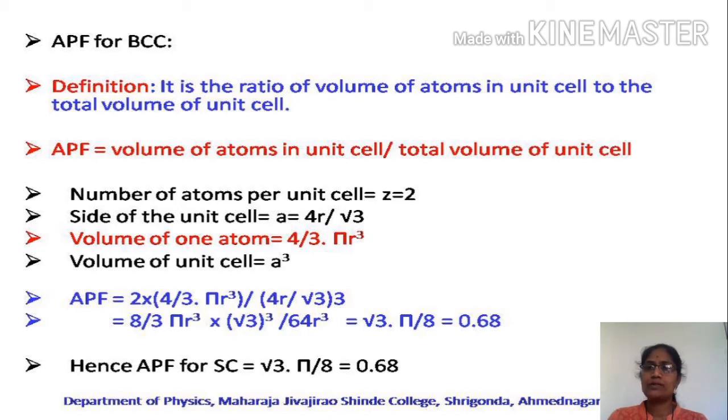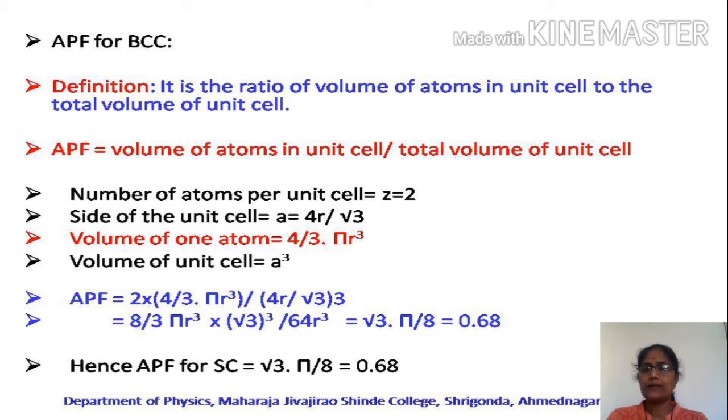Then the total volume is nothing but a cube. Now one should know the following things which will have a little difference for the BCC system. Therefore, the number of atoms per unit cell in case of BCC, the Z value, is 2. We have seen and calculated it previously.